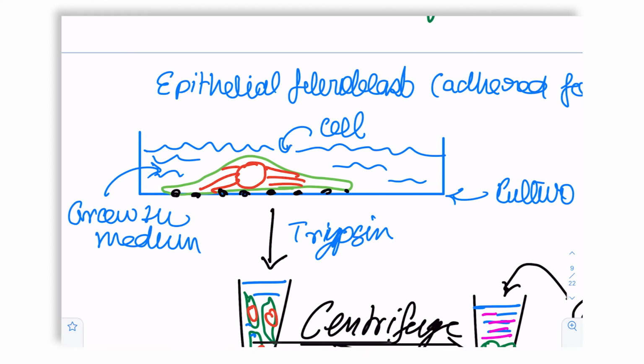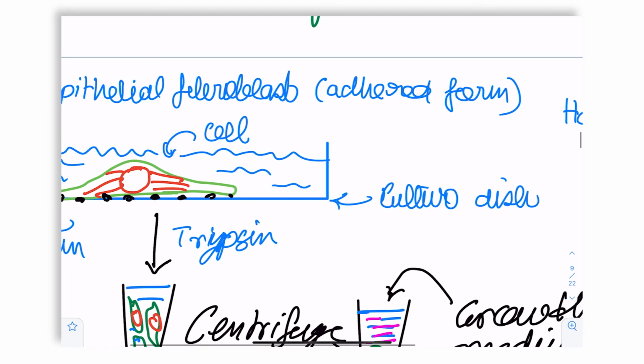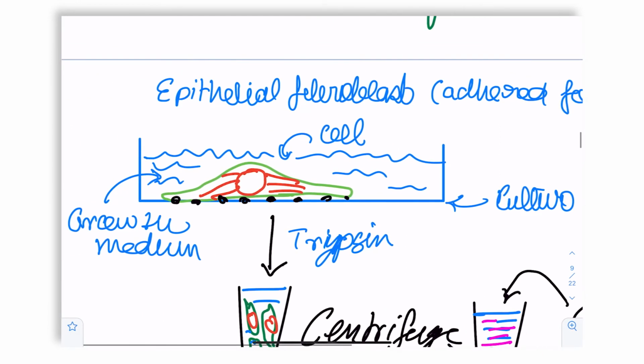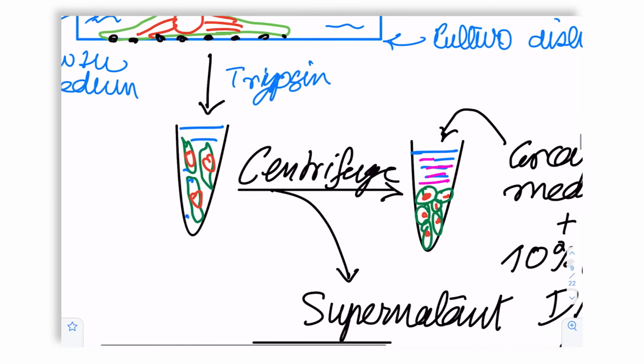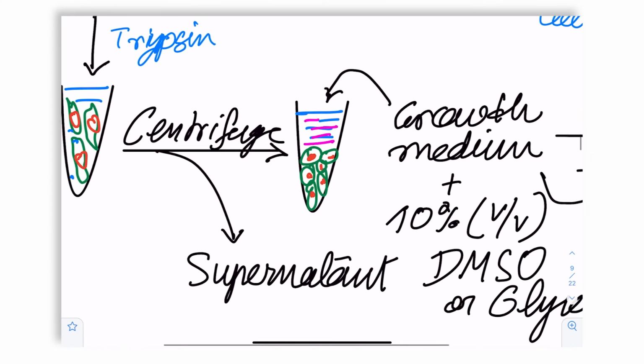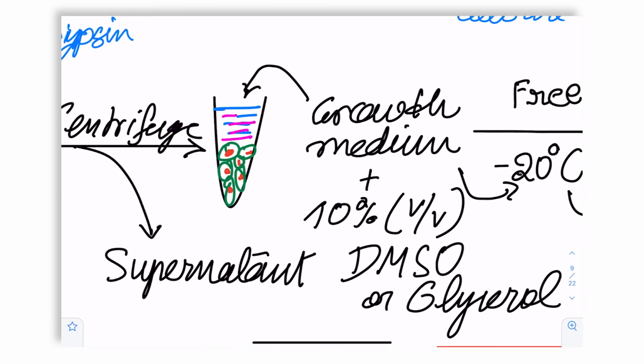in a frozen state. So the idea is that they are growing in a petri dish, in a culture dish. The cells are submerged in growth medium, and you need to detach them. Typically, this is done using something called trypsin, which breaks the bonds of the cells to the substrate. They're resuspended in a tube. The tube is centrifuged to get rid of the supernatant, add fresh growth medium along with the cryoprotectant.